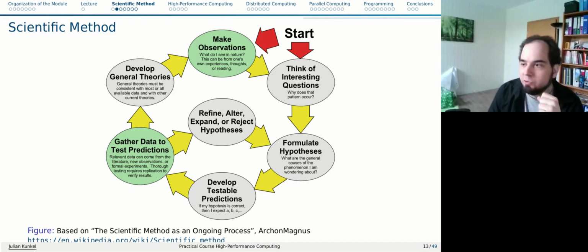We may go through this cycle multiple times until we have tested and our hypothesis is kind of proven by the experiment that we did. From this, we typically develop general theories, and then the whole cycle repeats and so on. That's how this works.